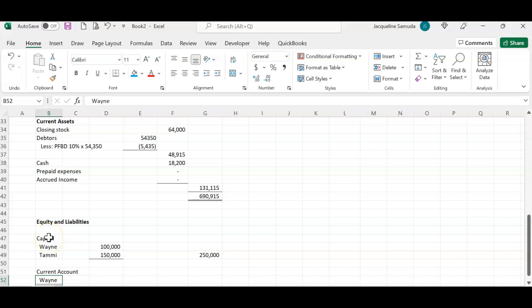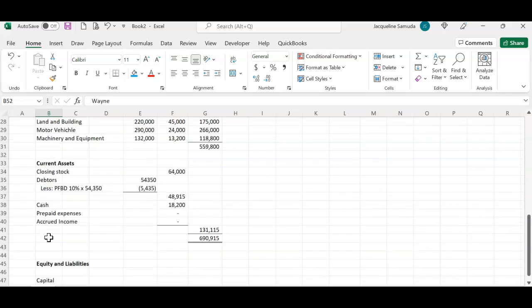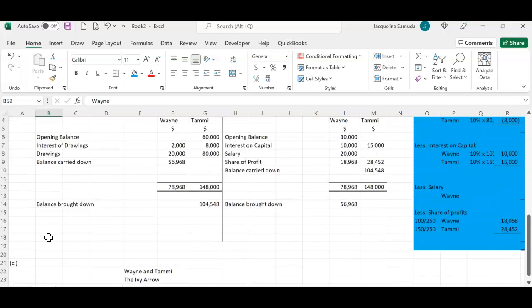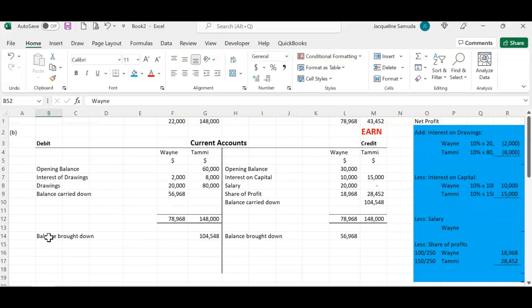But if any of the current accounts have a debit balance value, we have to put a bracket around it. So when I scroll up, Tammi's figure 105,548 is a debit figure. So we're going to have to show that with a bracket in the statement of financial position. So let me pick that up.